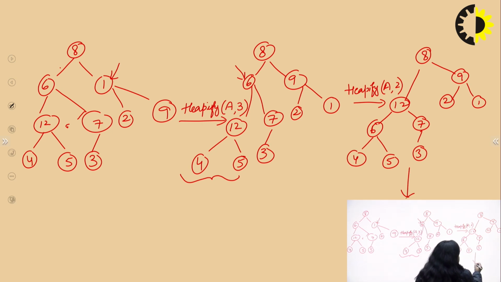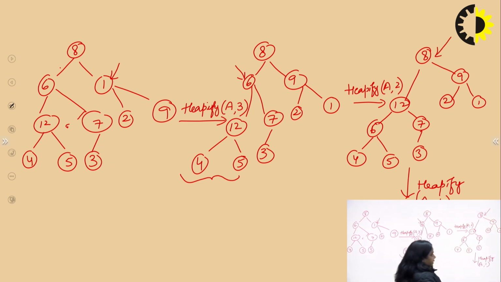Now finally we will call heapify A comma 1. Onto this 1, it means we have to call the heapify here. Again 12 is greater than 8. But into this the same situation, when the 8 comes here, we need to check if any of the elements is greater than 8, then again we have to do the swapping internally.